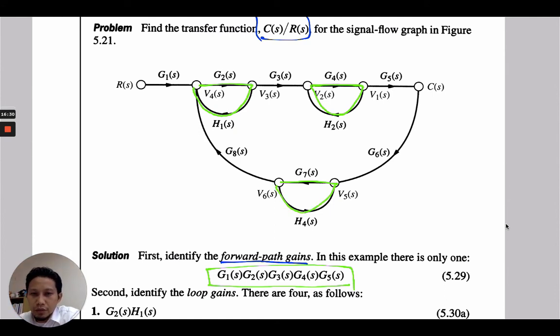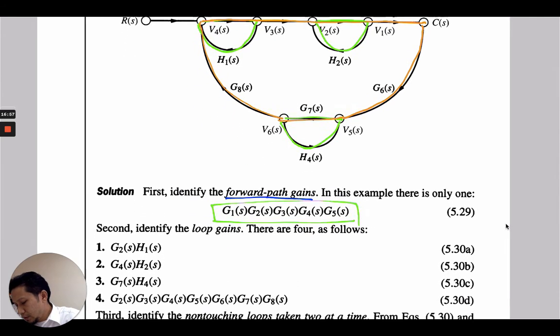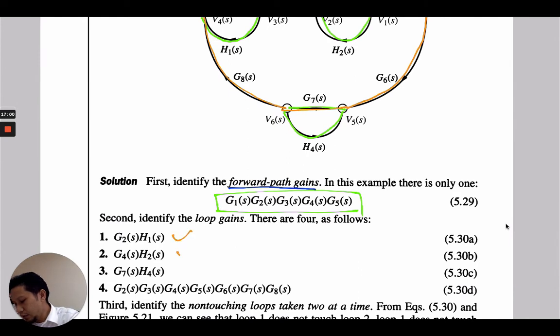What else? We have another big loop over here: G2, G3, G4, G5, and then G6, G7, and G8. Any other loop? I think we only have 4 loops over here. Yes, 1, 2, 3, 4. These are the 4 loop gains.